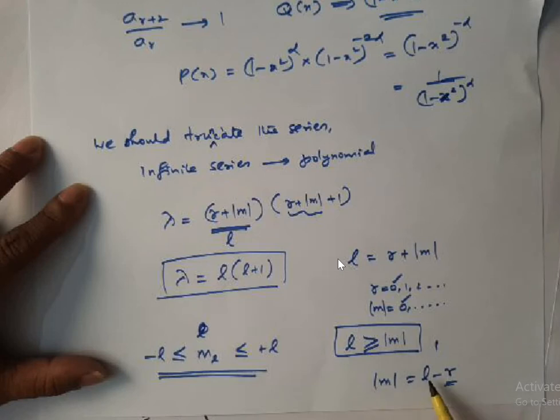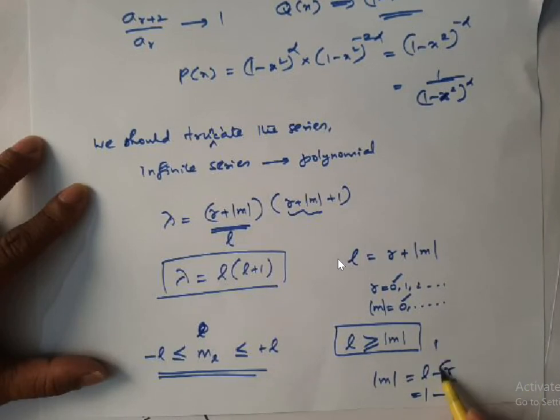For a given value of l, suppose I fix l equal to 1. If I put r equal to 0, I'll get m equal to plus 1 or minus 1. If I put r equal to 1, 1 minus 1 becomes 0, m_l becomes 0. What I'm trying to say is, suppose l equal to 1, then if I put r equal to 0, I'll get the modulus of m_l as 1.